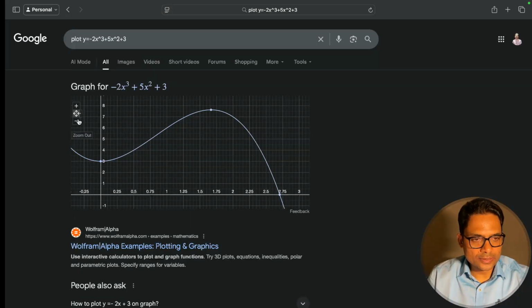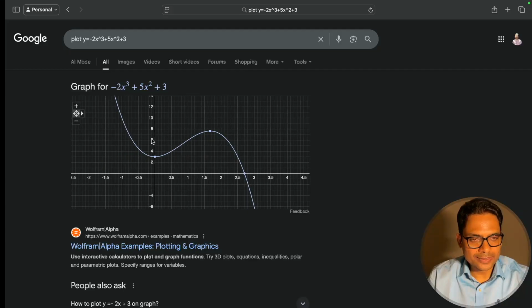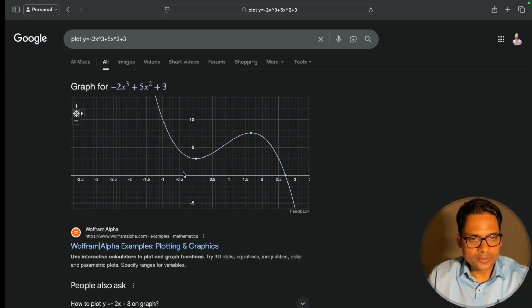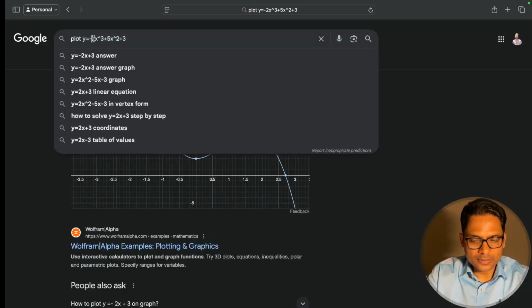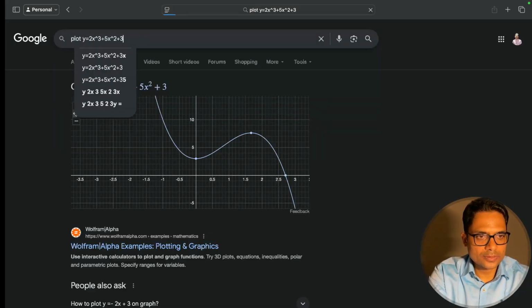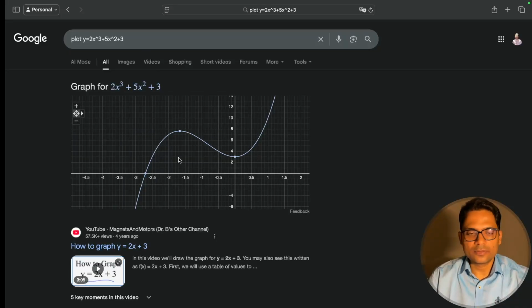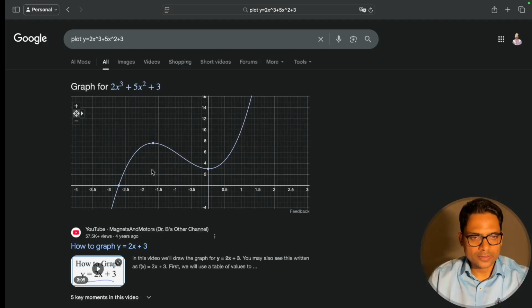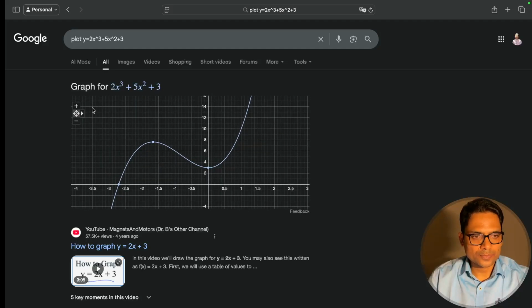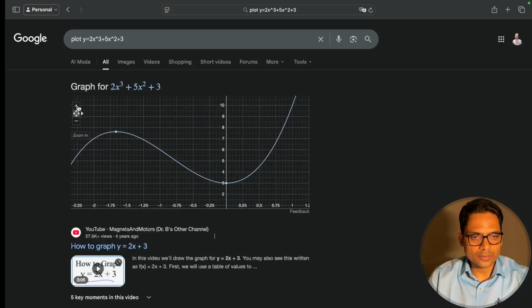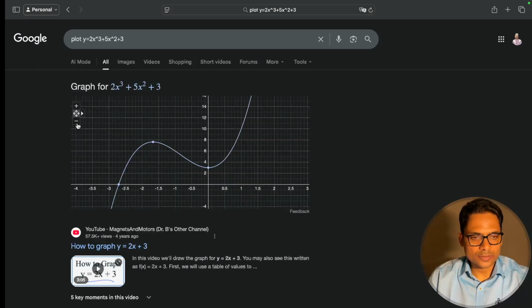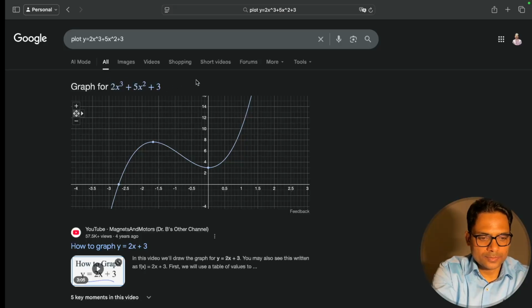So if you see this curve, let's zoom out a bit, move this side, and not minus, just reverse, 2x cube. Let's zoom out a bit, and then you can see this curve. Okay, then zoom in a bit. This is good.